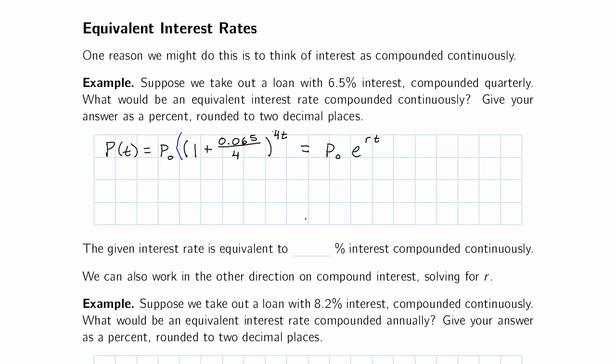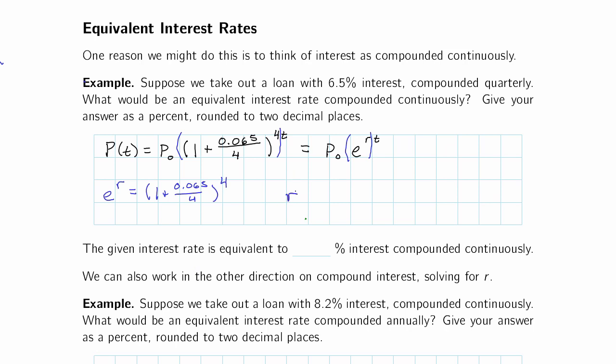Examining these expressions, we want the base for the power t to be equal. We want to find the interest rate r so that e to the r equals (1 plus 0.065 over 4) to the 4th.